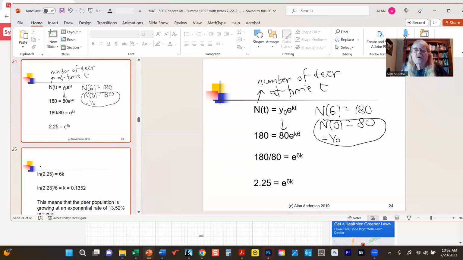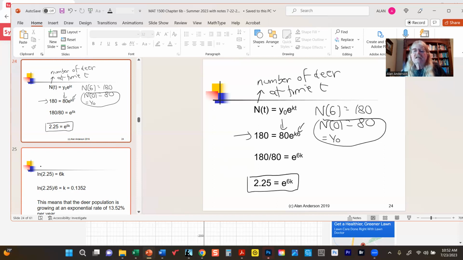We also have been told that when t is 6, we have 180 deer. So we are left with 180 equals 80 times e to the k times 6 power, where k is what we're solving for. So we divide out the 80 from both sides.